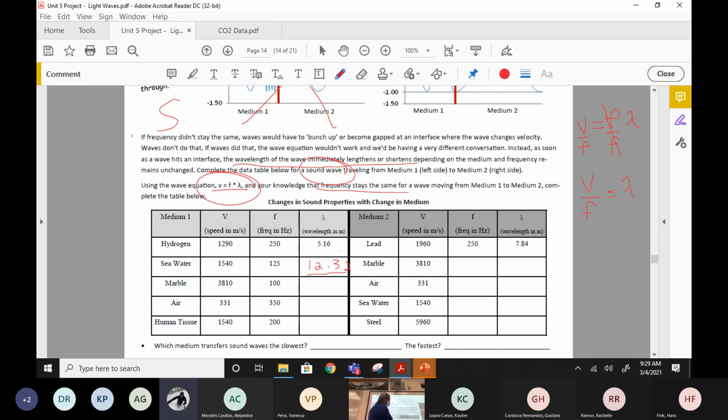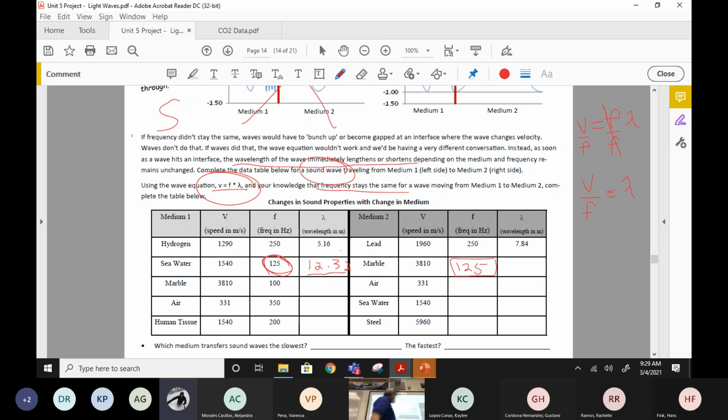So what are you going to fill in here for frequency? Whatever the frequency was on the left, it should match on the right. Whatever the frequency is on the left stays the same on the right, but that means wavelength changes.